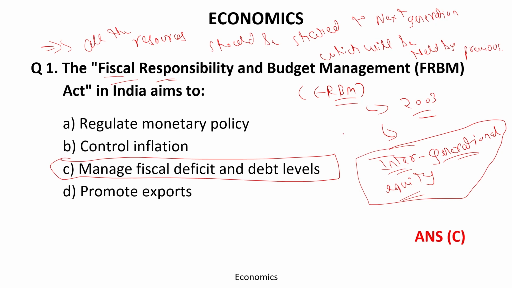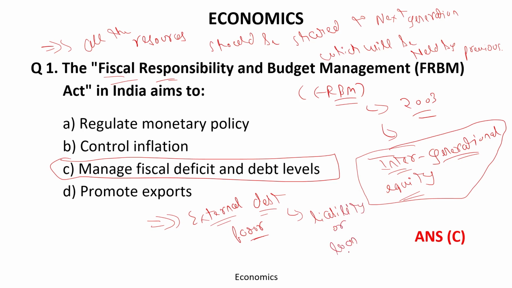Now how does the FRBM support intergenerational equity? Basically, it deals with the external debt factor. Debt is basically a liability or a loan.